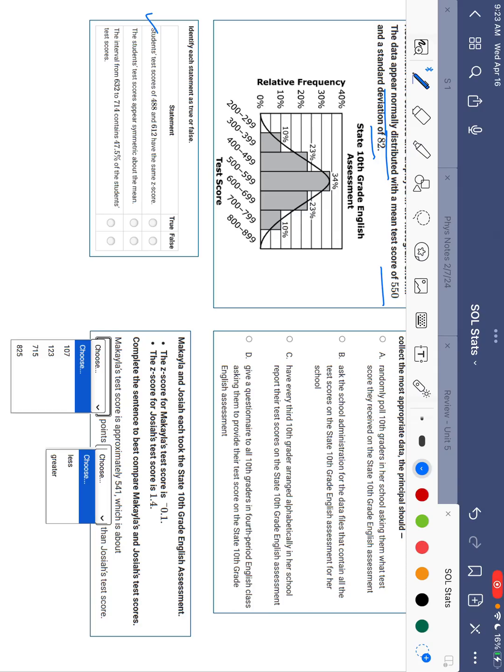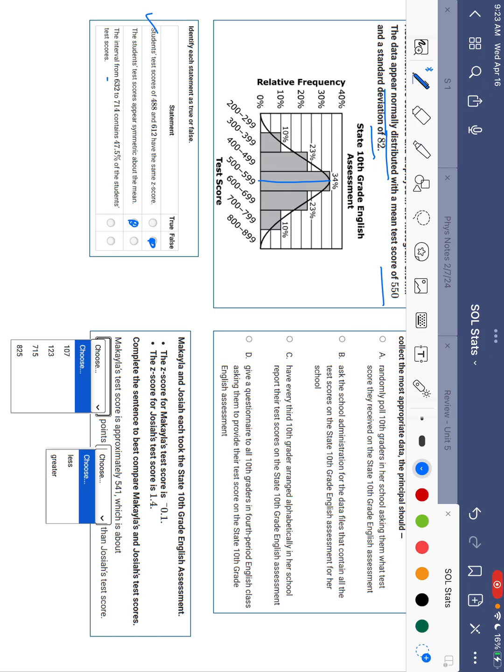So 488, the middle is 550, so like right about here. 488 is going to be on this side, 612 is going to be on that side, so that would be false. The only way you can have the same z-score is if you're testing the same number. The student's test scores appear symmetric about the mean. Yeah, and that's what a normal distribution is.